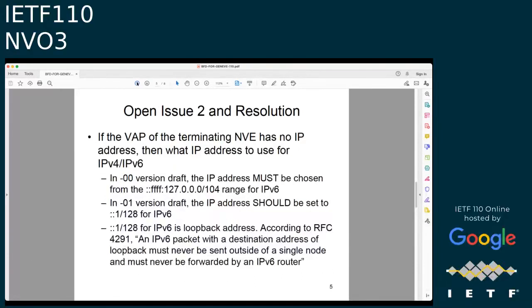If there is no IP, well, this goes to the NVE, which terminates Geneve. So it doesn't go to the tenant. I can imagine the tenant doesn't have IP, but I would imagine that the NVE will have IP. Wouldn't that be the case?